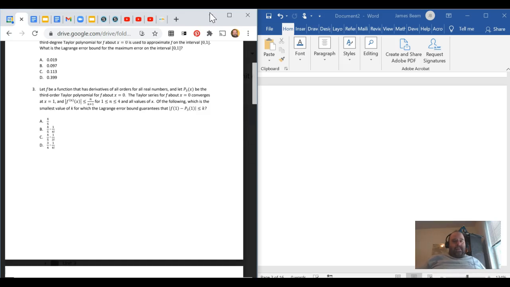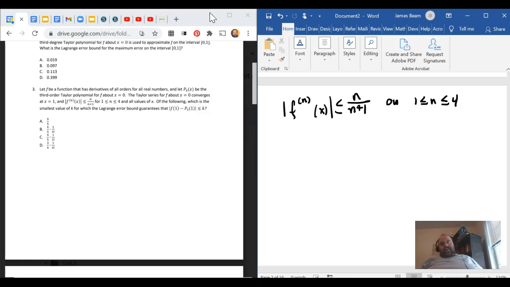Aha, so we know that the nth derivative is bounded above by n over n plus 1 on 1 to 4, from n equals 1 to 4.